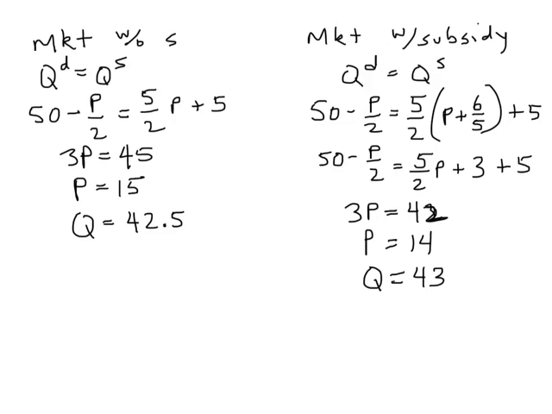I can get that by plugging P equals 14 into the demand expression, or I can plug P equals 14 into the supply expression, because then 14 plus 1.2 is 15.2, and I'm okay. All right, now we turn to our graphical analysis and the deadweight loss calculation.